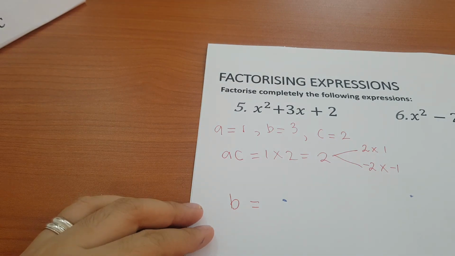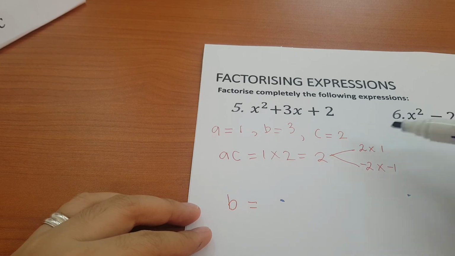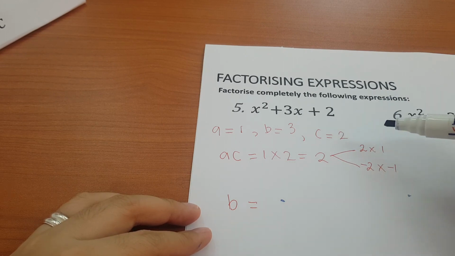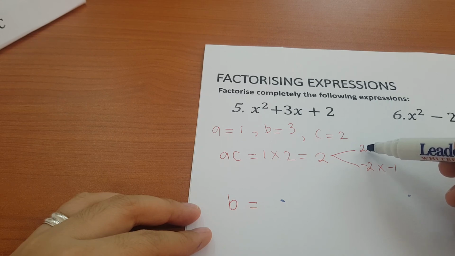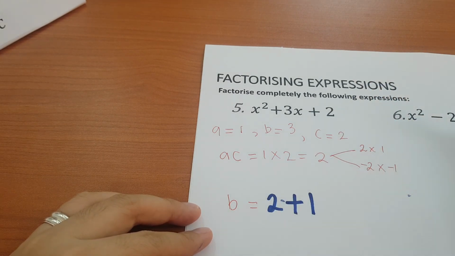You have to choose from your factors the pair which will give you 3 when you add them. Will it give me positive 3, this one? Let us see. 2 added to 1 is 3. So therefore we will choose that one. So we will choose 2 plus 1.